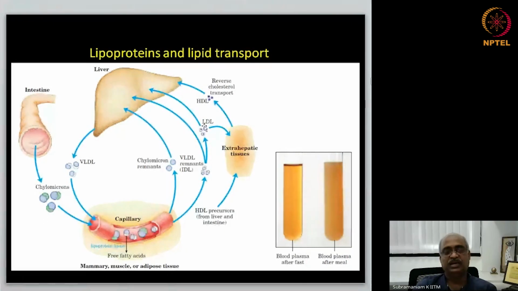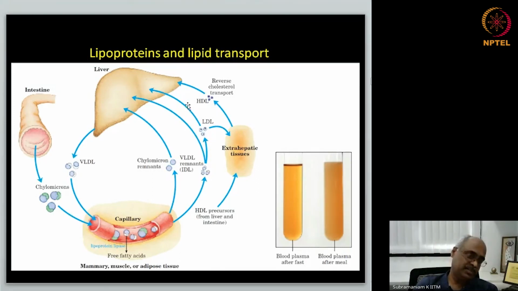Okay, so that is the role of LDL. So LDL forms from VLDL after triacylglycerol is used up, and that LDL delivers cholesterol. We will see how it delivers. That itself is a big thing that we will see in a separate slide. And it delivers, and the remnants go to liver.